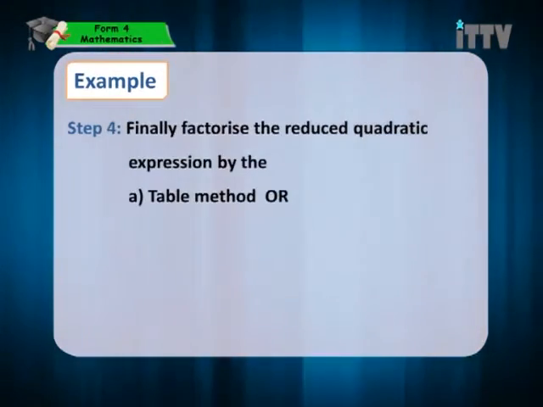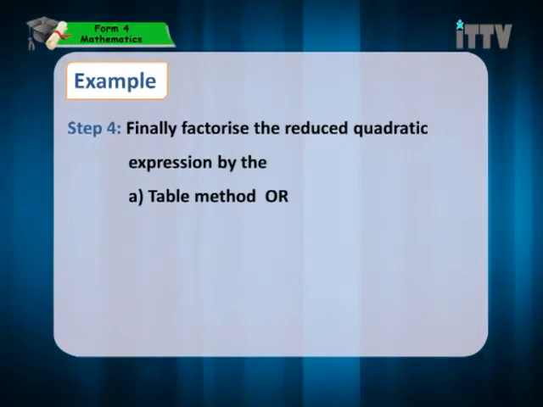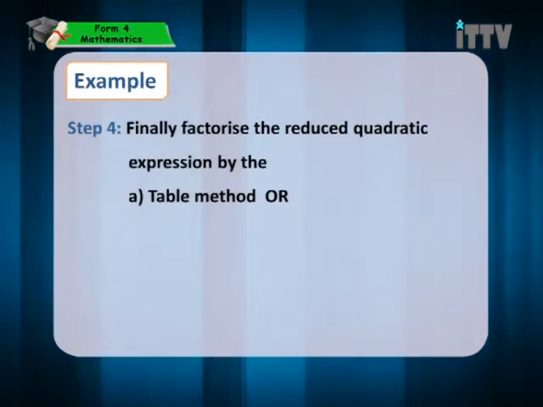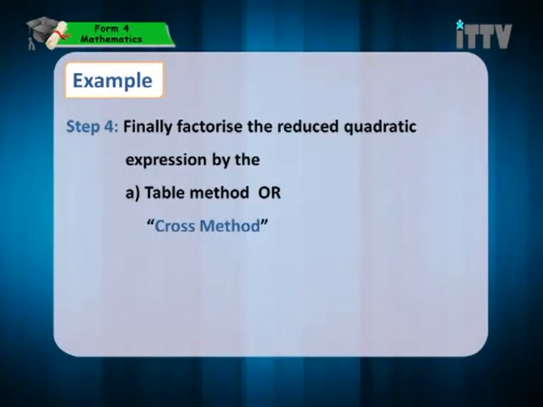And in step 4, finally factorize the reduced quadratic expression by the table method, or we are very familiar now with the cross method, right? They are the same method.